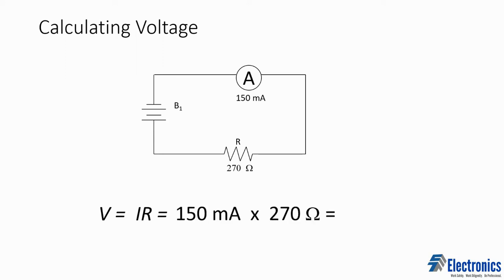In this case, 150 milliamps times 270 ohms. And again, remember your notation. You're not multiplying 150 by 270 because it's 150 milliamps. So what you're typing in your calculator is 0.15 times 270. You would get an answer of 40.5 volts.